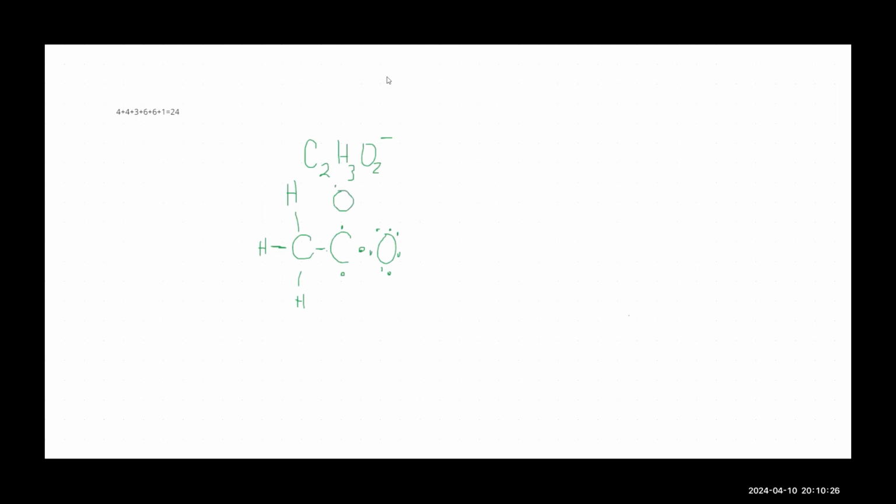You said the total was 25, so that's 24. Oh, 24. Okay. What if it's uneven? Does that mean one of them won't be able to reach octet? Yeah, that's right. The one that has the lowest electronegativity won't be able to reach octet.